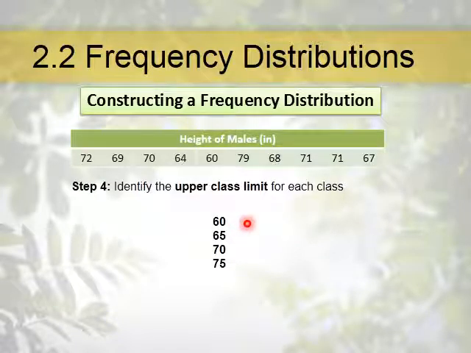So for however many decimal places your data has, that's how many decimal places you want your upper class limit to go to. In this particular case, we don't have decimals. So I can safely go to 64 as my upper class limit for my first class. And 69, 74, and 79.